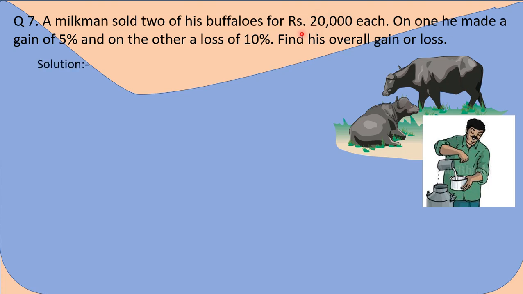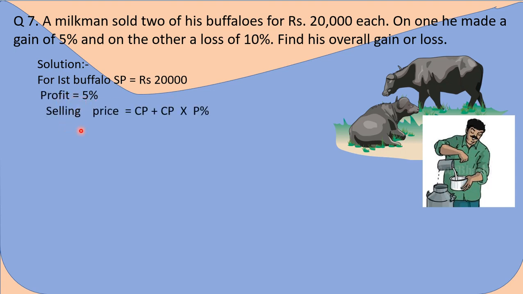So let's take the first buffalo: the selling price is rupees 20,000 and profit is 5%. In the case of profit, when the profit is given in percentage, we can write selling price is cost price plus profit. As in the previous question we have done this.